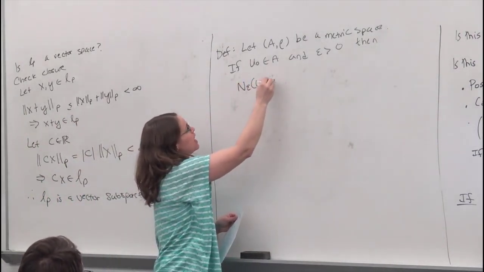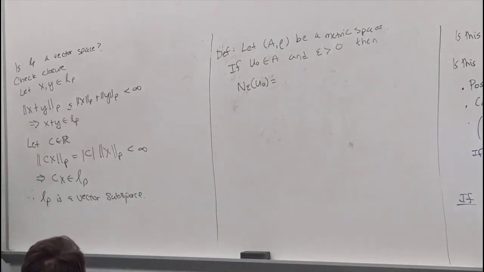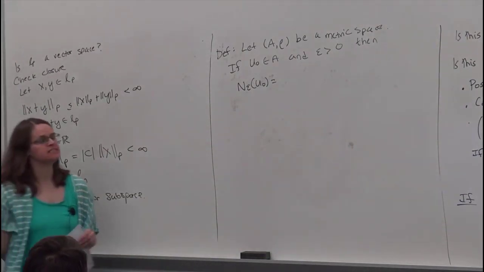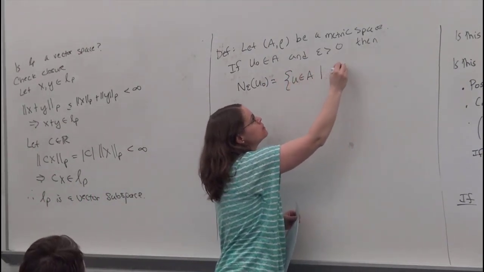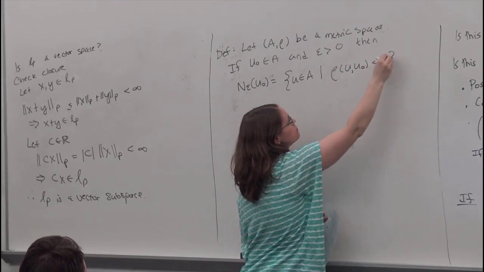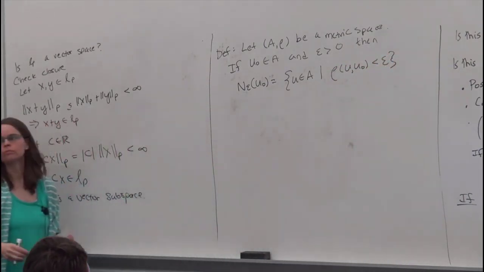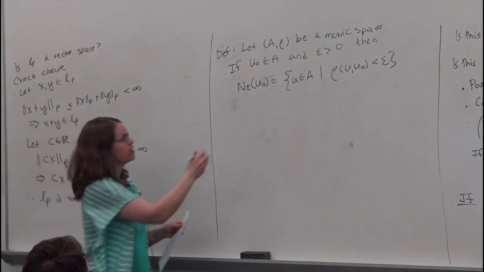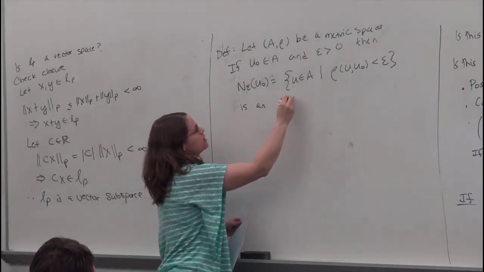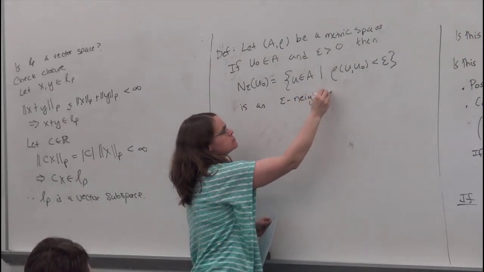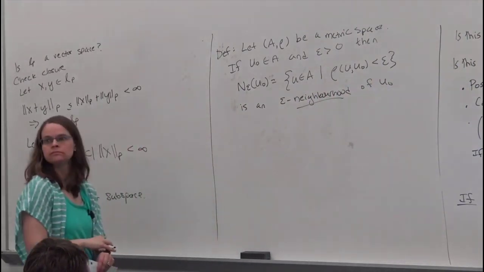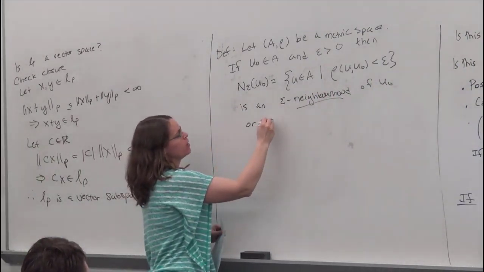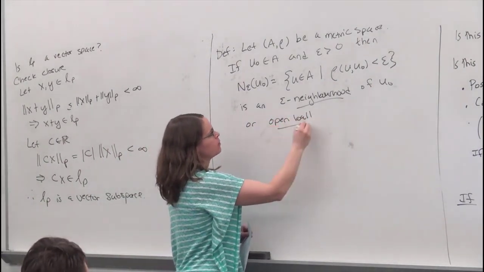So we'll define the epsilon neighborhood around u naught to be exactly what you said: all points in my metric space that are within a distance epsilon of u naught. Okay, so this is an epsilon neighborhood of u naught. Or we might also call it an open ball of radius epsilon.